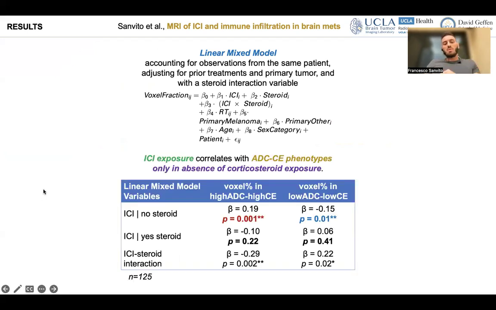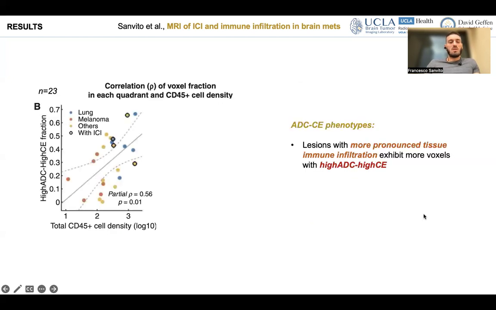And by looking at this, we saw that immunotherapy exposure is a predictor of diffusion enhancement phenotypes only in cases that were not treated with corticosteroids, whereas in case of concomitant corticosteroid treatment, it was not a predictor. So corticosteroids kind of disturb this biomarker that we are looking into.